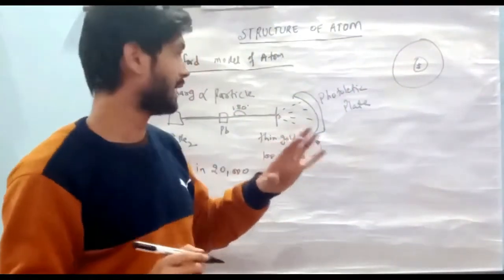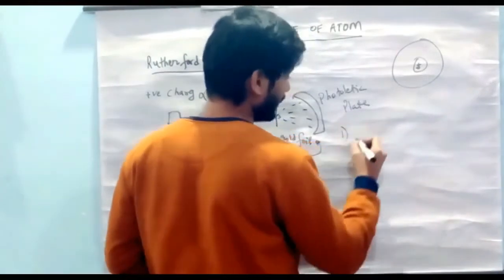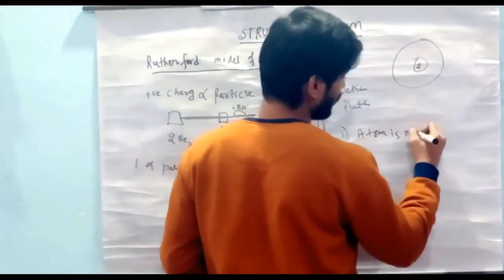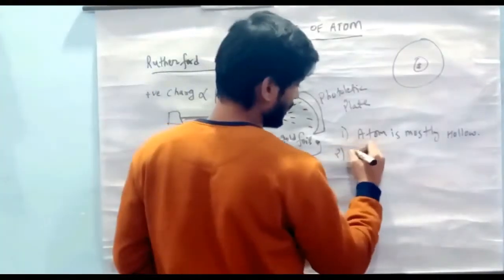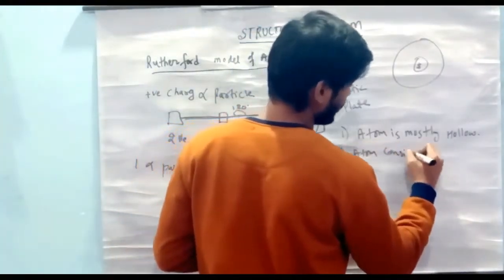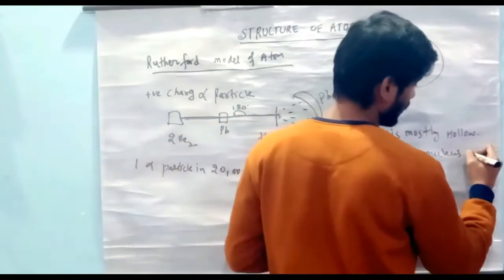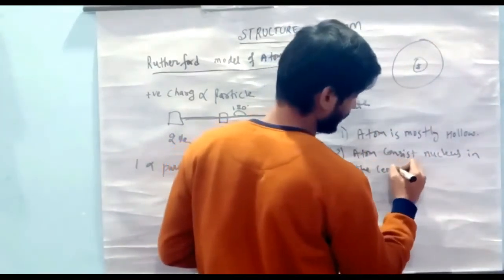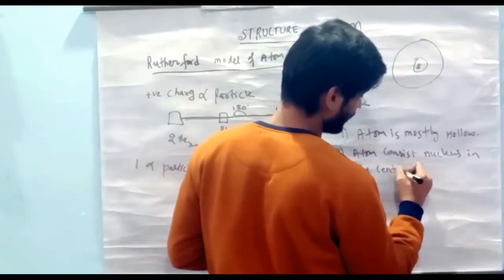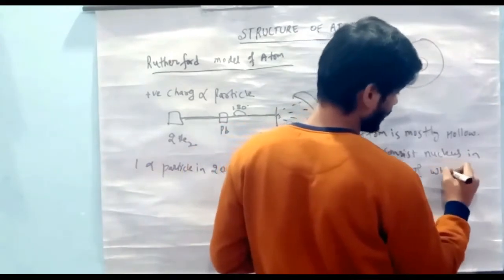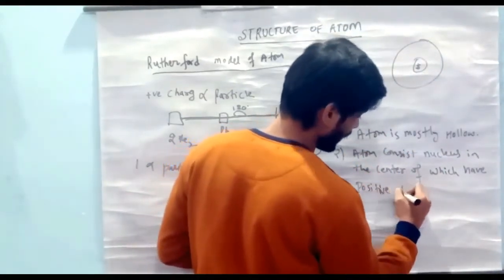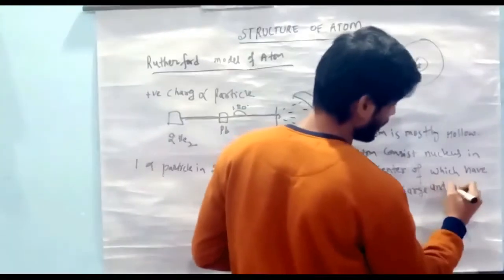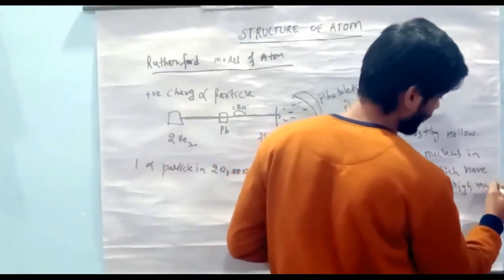So he said that atom is mostly hollow. Second, atom consists of a nucleus in the center, which has positive charge and high mass.